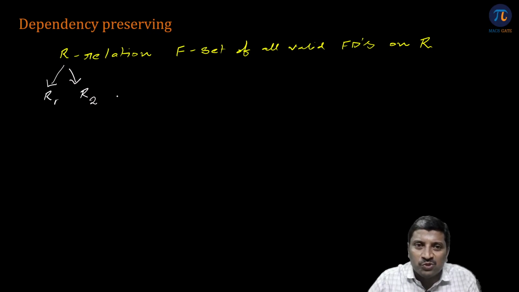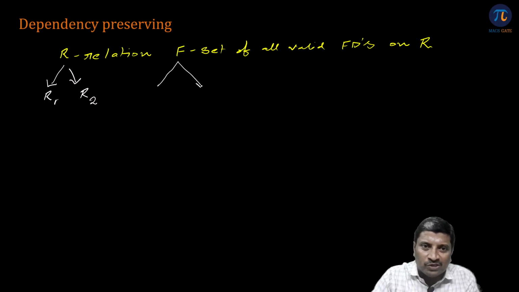Then what are we supposed to verify? For that, first I need to divide F into two parts. The first one is F1, the second one is F2. What is the meaning of F1?